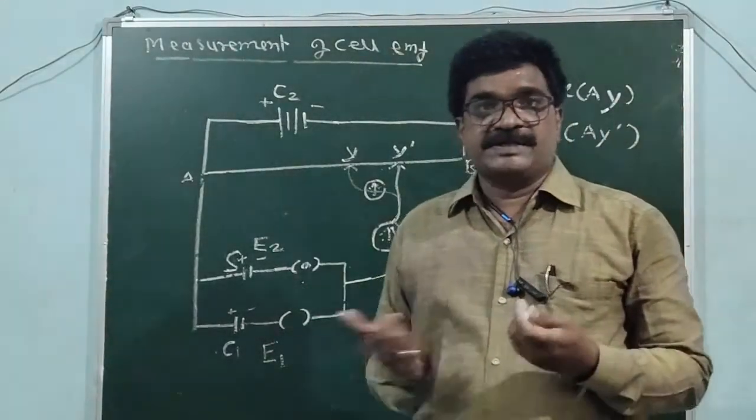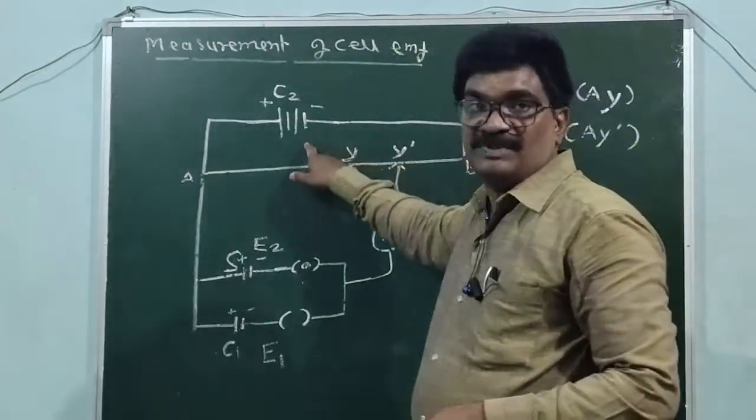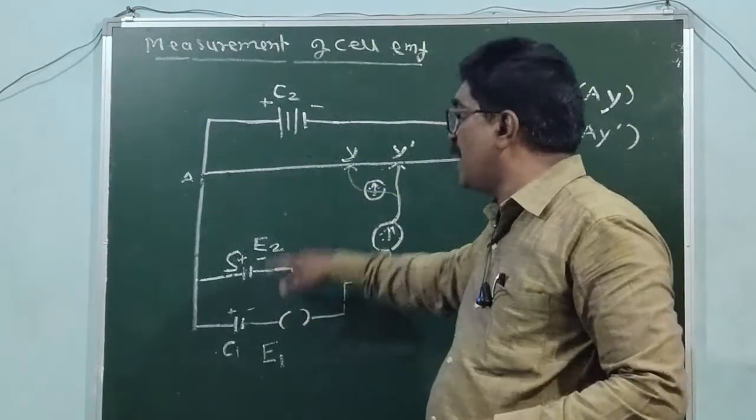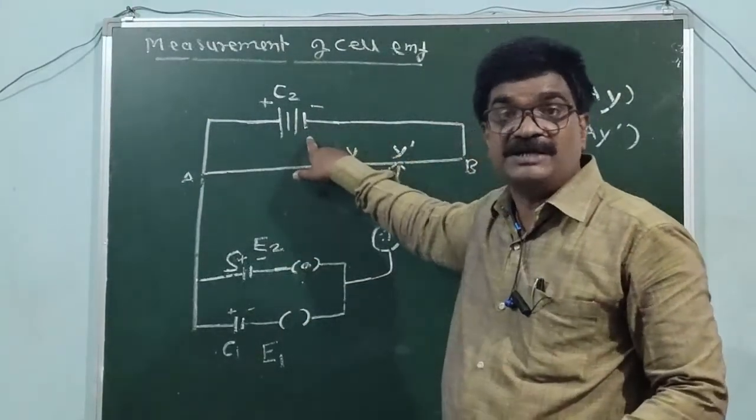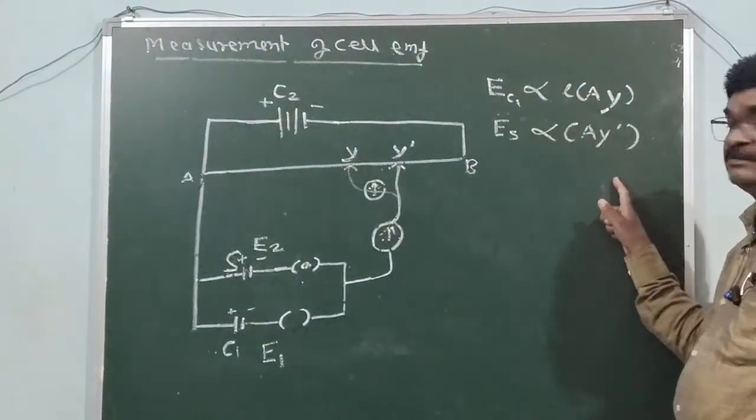Now why do we write these relations here? Because the battery source is the same. That means both of these cells are compared with the same cell, that is C2. That is why we are able to write this relation.